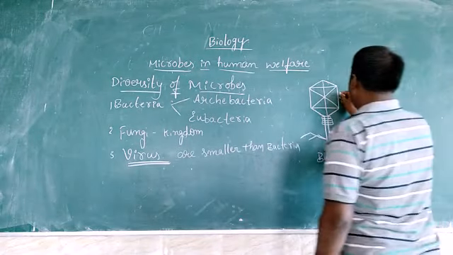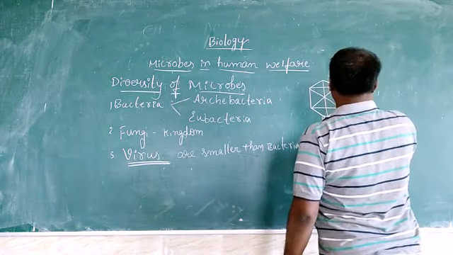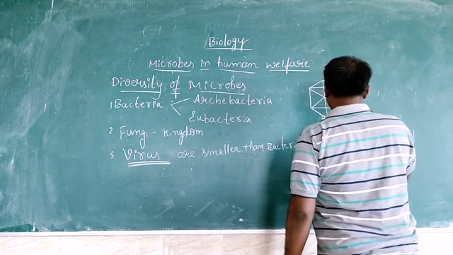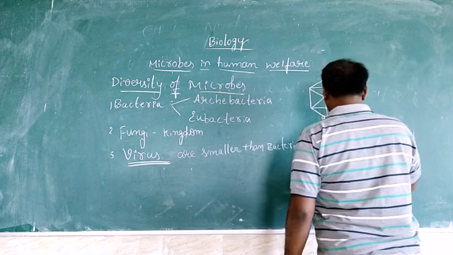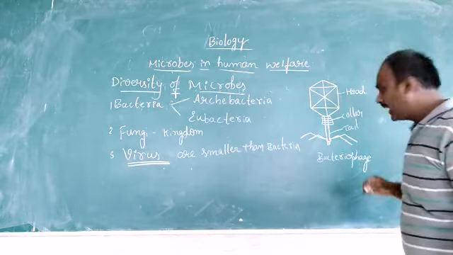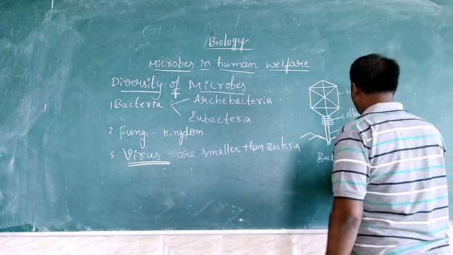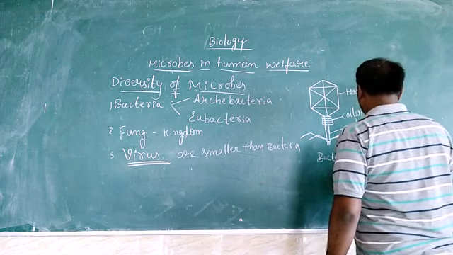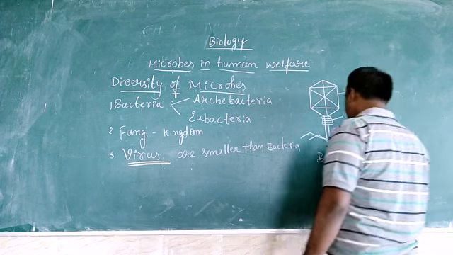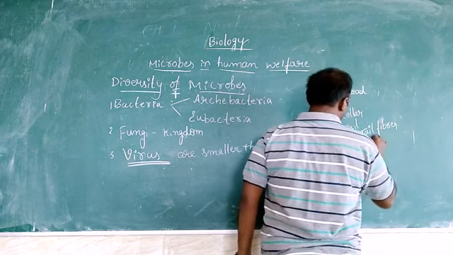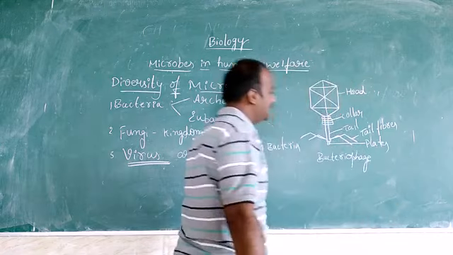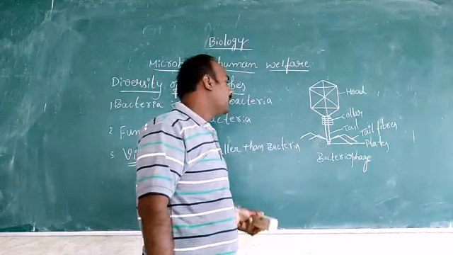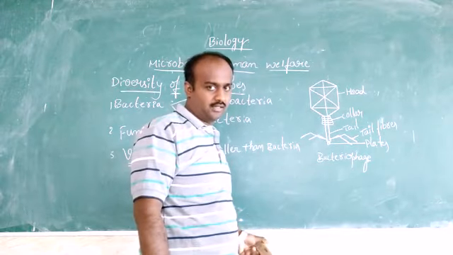This is known as the head, this is the collar, and this is the tail, and these are the tail fibers. And these smaller structures are the plates. This is a rough structure I drew to show a bacteriophage, which is a virus.